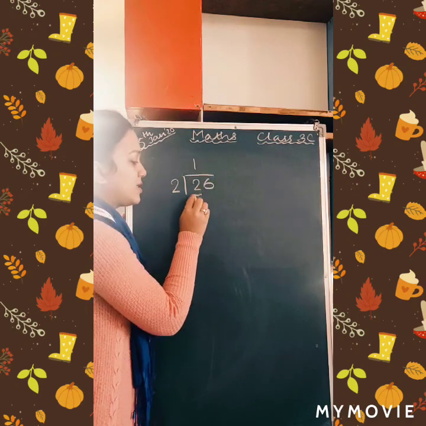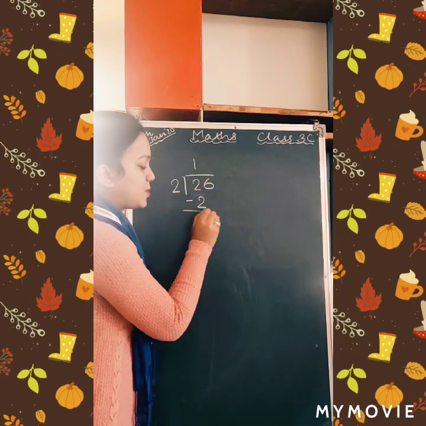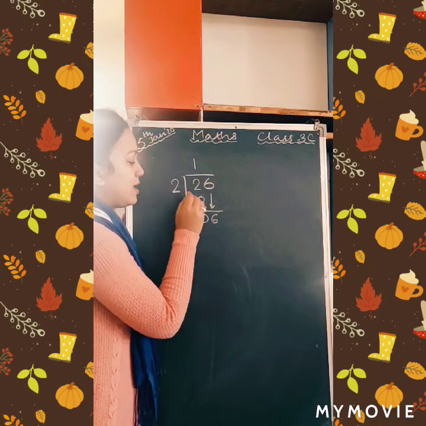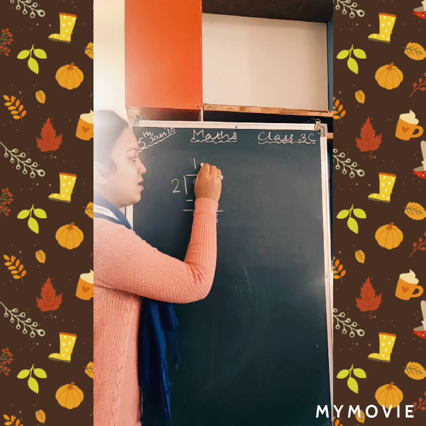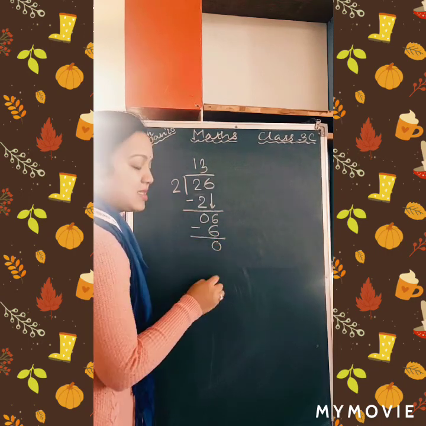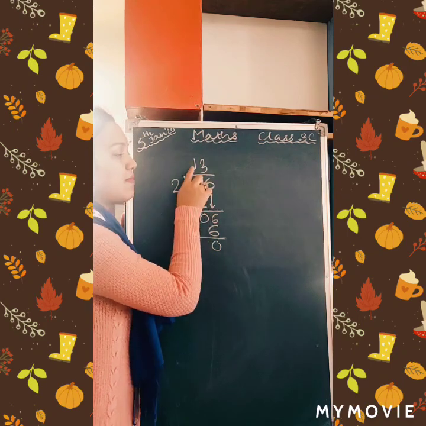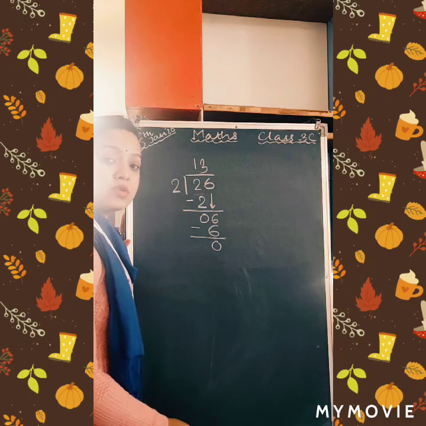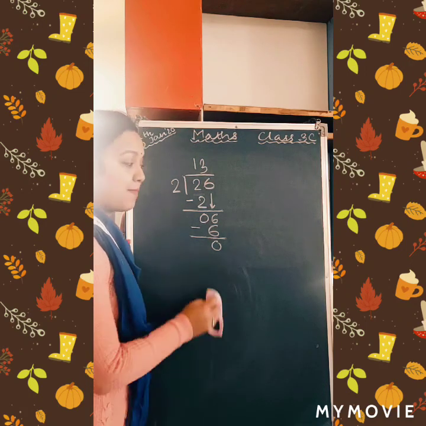So 2 ones are 2. If I subtract, I get 0. I bring this 6 down. Now 2 how much is 6? 2 3s are 6. So if I minus, I get 0 as my remainder and my quotient is 13. This is all about dividing a two-digit number by a single-digit number.